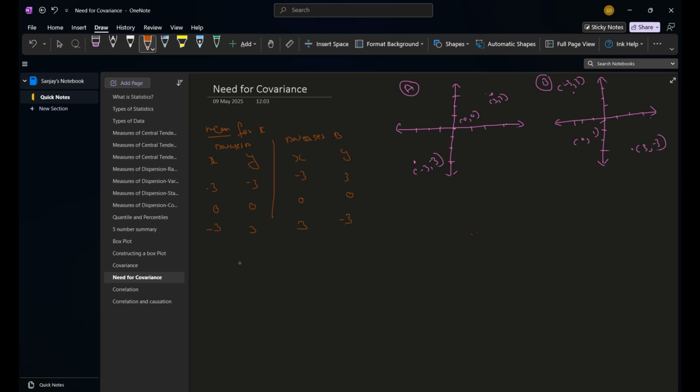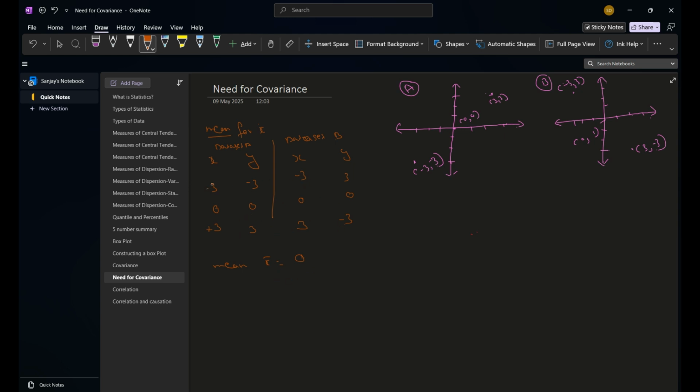If you find the mean, x bar will be 0 because minus 3, here it's plus, I think. Yes, it's plus. So it will be 0 for this also.